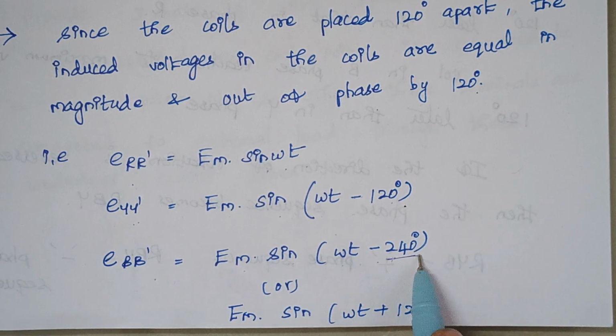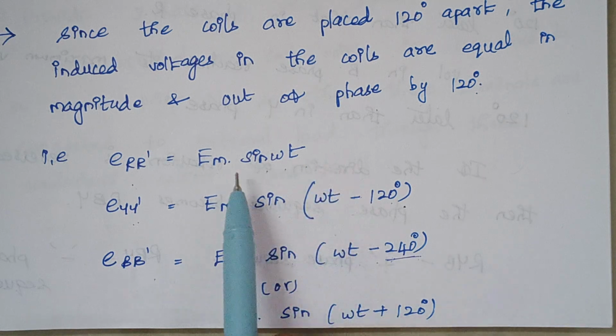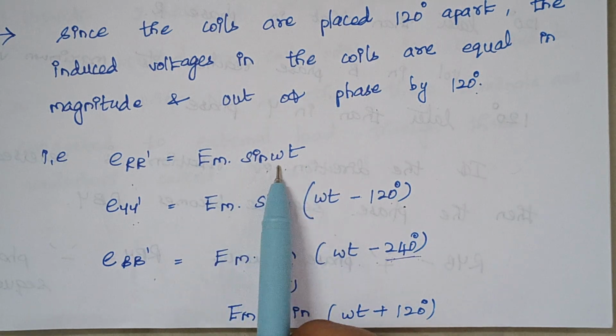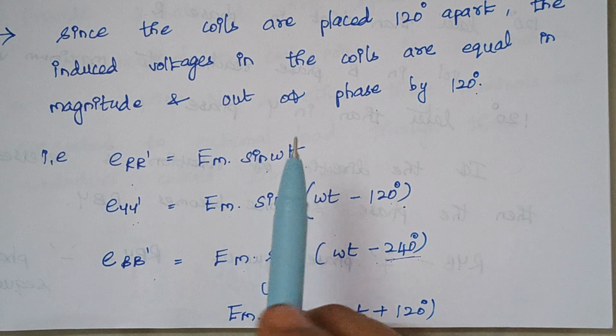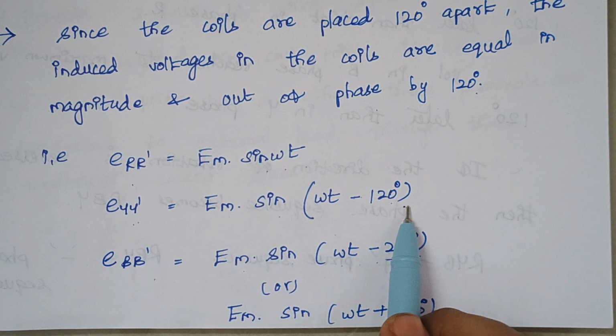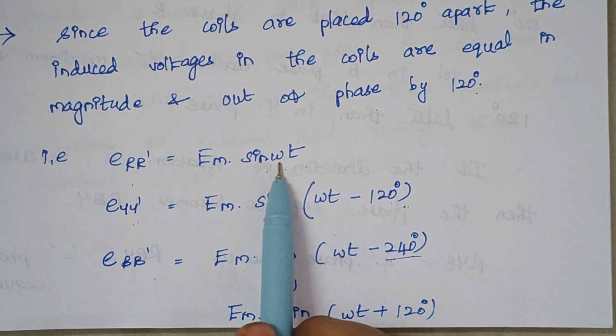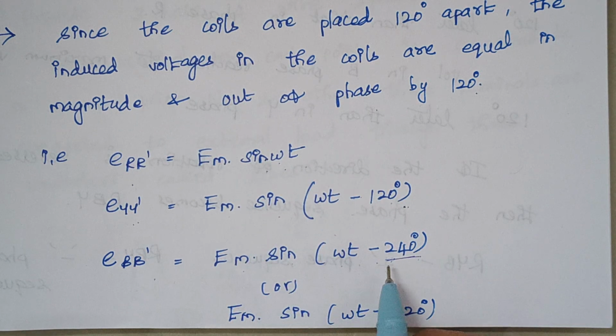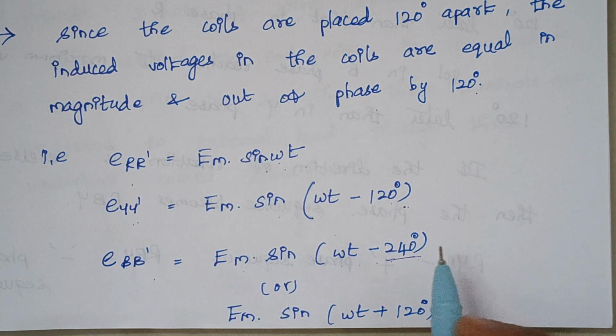Why 240 here? Because we are taking Em sin omega t as reference. Y dash is 120 degrees apart from this coil, and B dash is 240 degrees apart. That is the reason it is written as omega t minus 240. In other words, we can write it as Em sin(omega t plus 120).